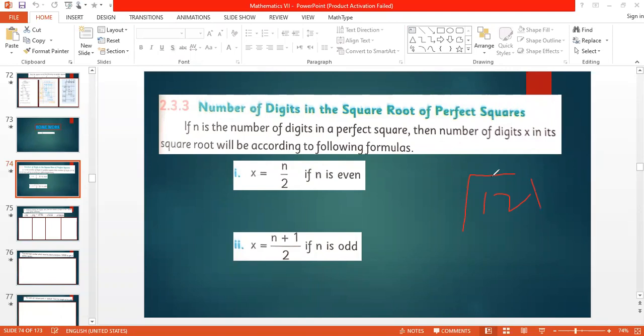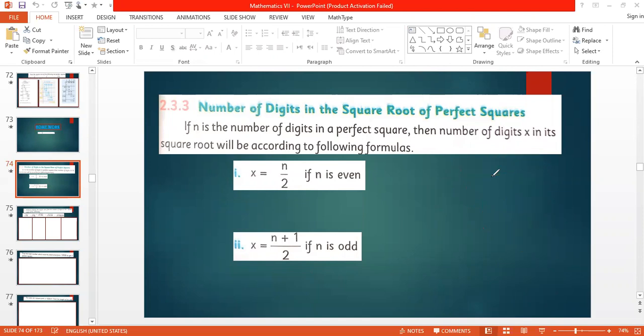So how many digits does that number contain? Here, when we find its square root, we are finding only 11. So this 11 means there are only two digits in the square root of 121.